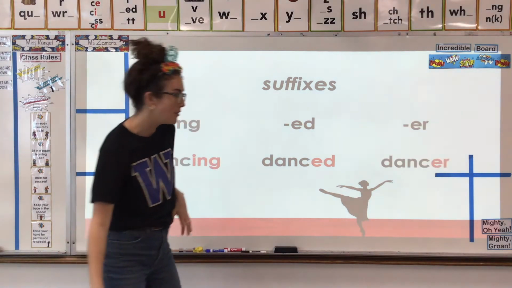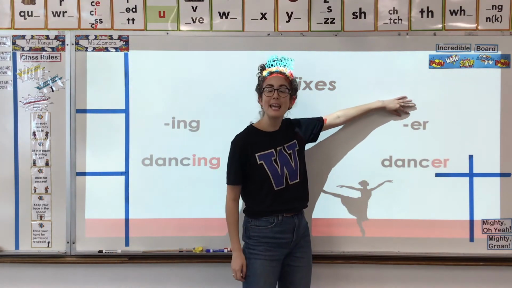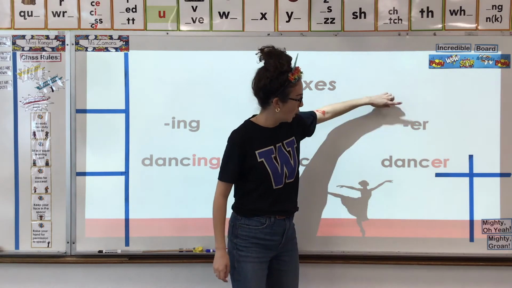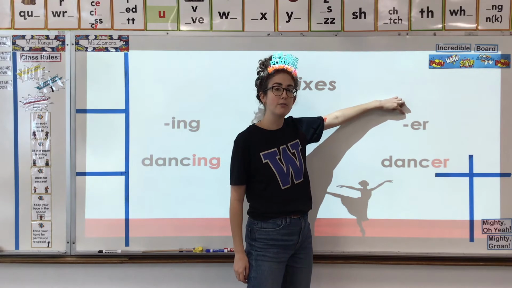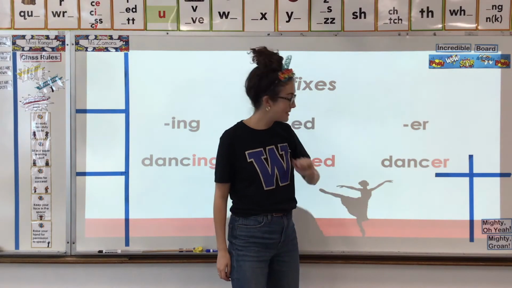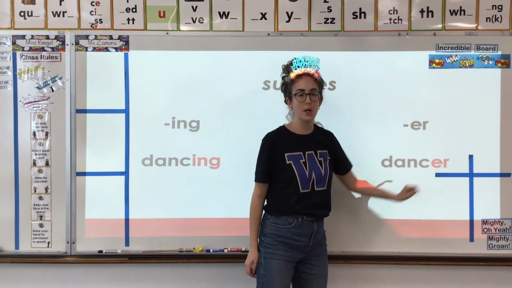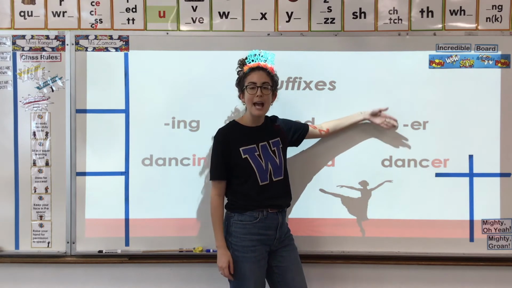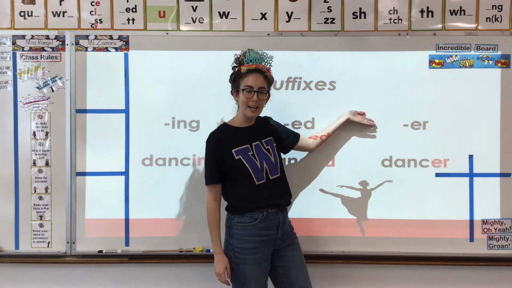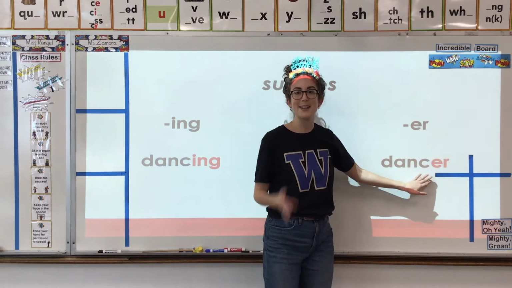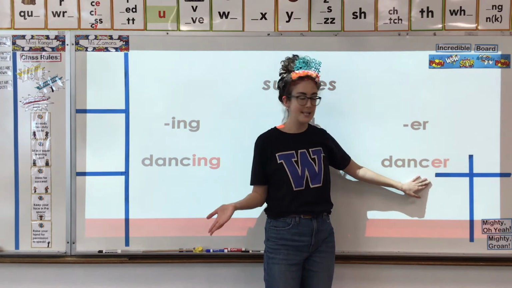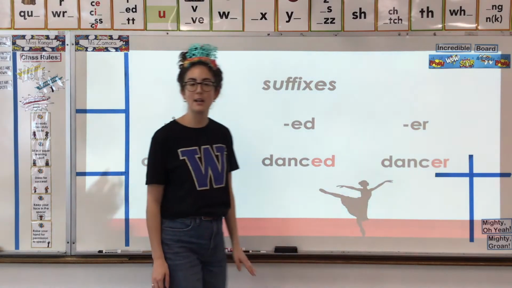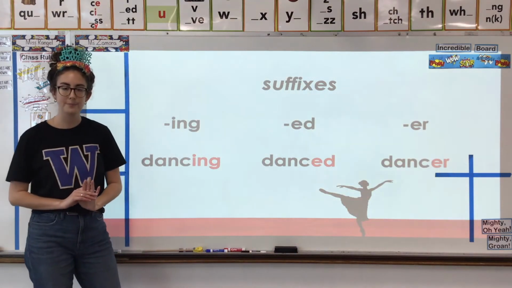And we've also learned the suffix er, which we were looking at in our warm-up. When we add er to a verb, it changed dance to dancer. And now the verb has become a noun, someone that does the action. A dancer, someone who dances.